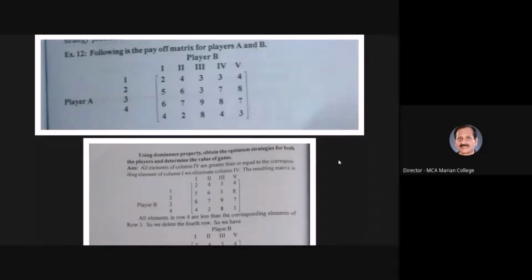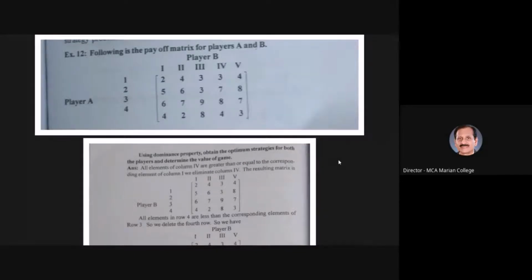And in this case, you can check column 4 and compare it with column 1. In column 1, you have the value 2, that is the first value. Compare it with 3, the first value of column 4. You can see 2 is less than 3. Next one is 5. 5 is less than 7, the corresponding value in column 4.